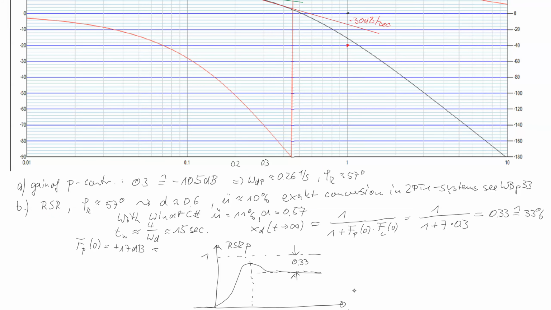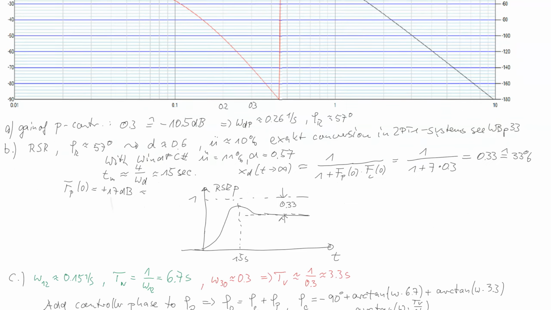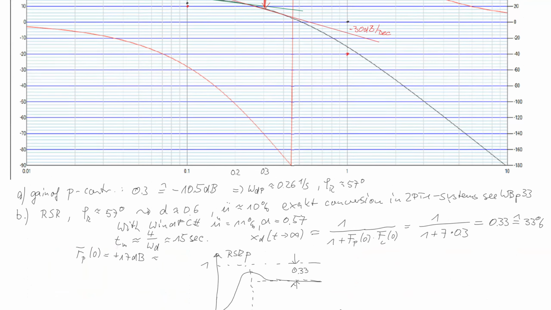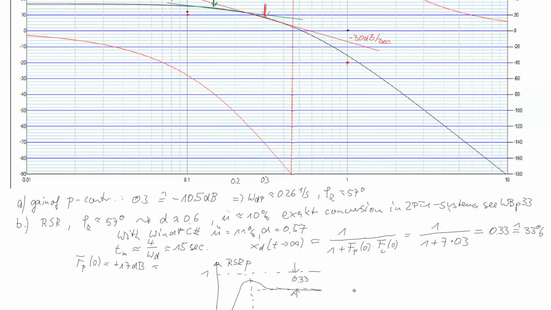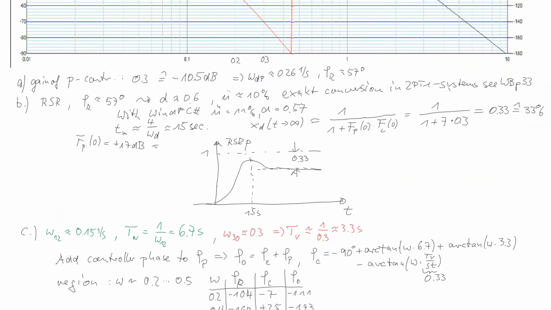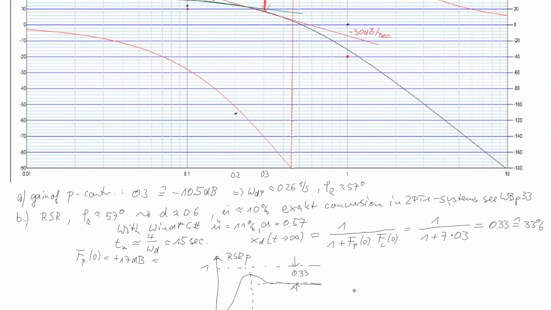So at 0.2 we have negative 111. This is 4, 8, 11. I think this is a good point. At 0.4 we have negative 143.